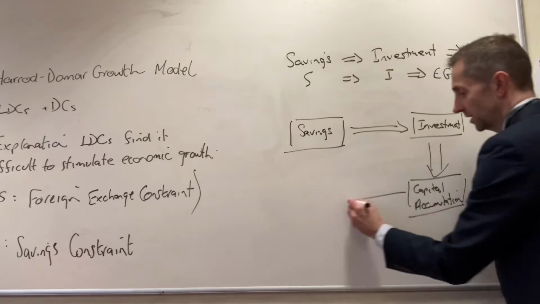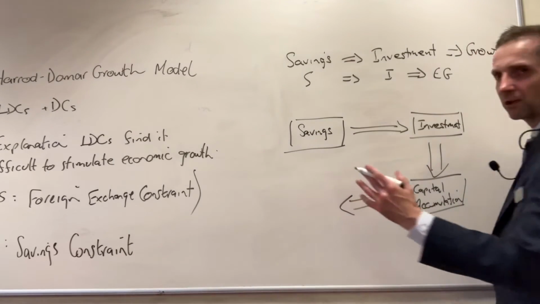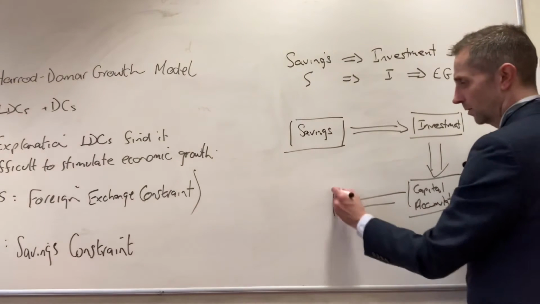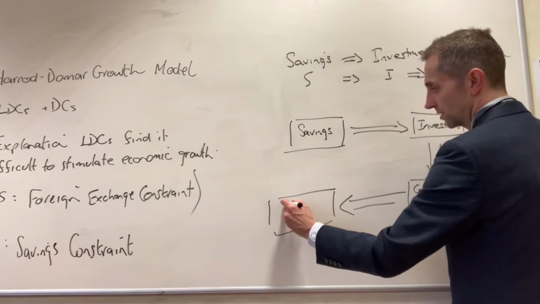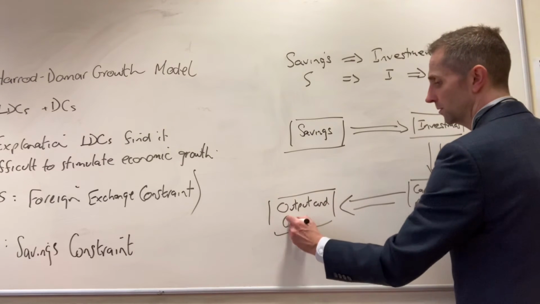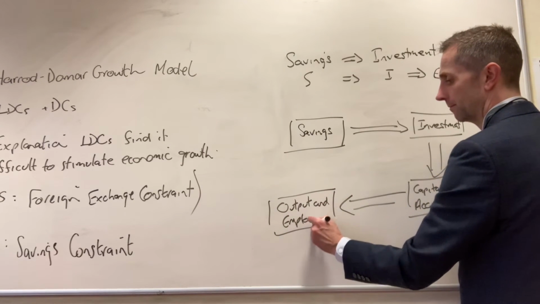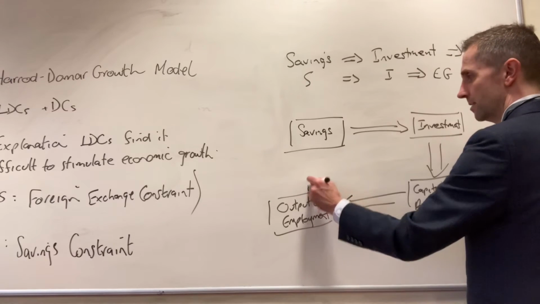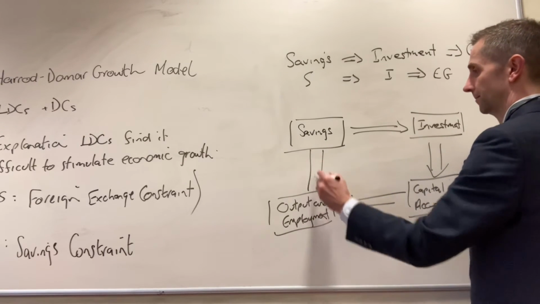And then you'll see they sort of break down the economic growth. So rather than saying economic growth, what they talk about here is output and employment. And then back again.